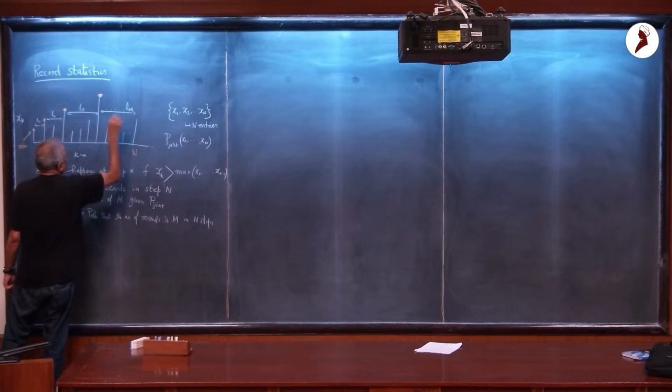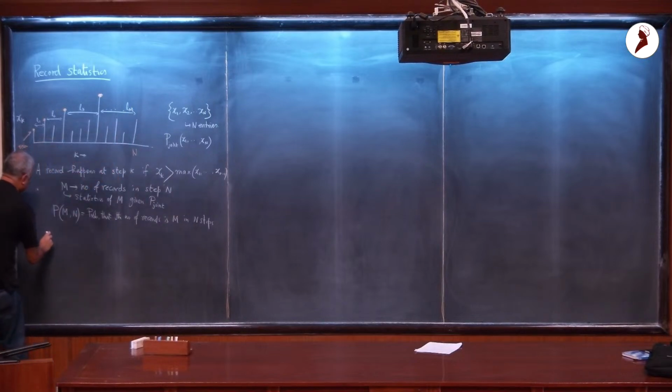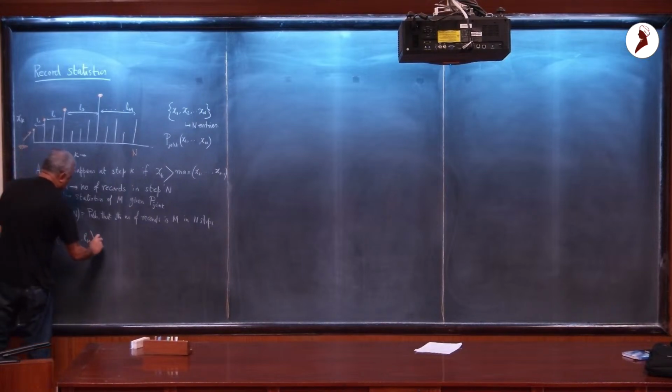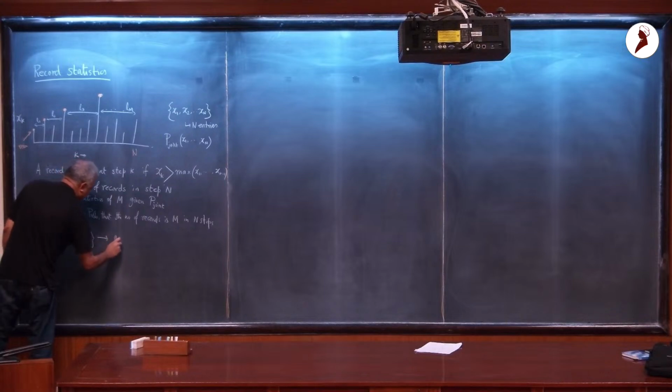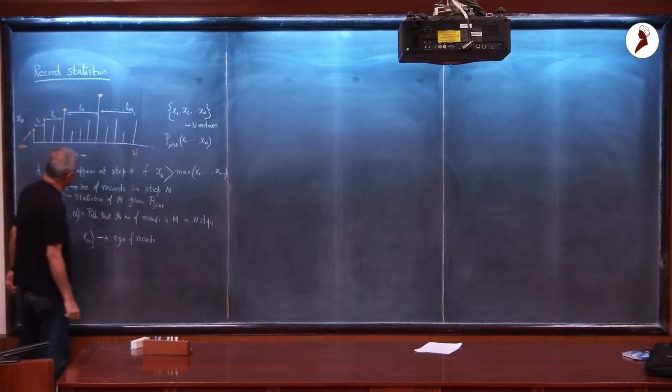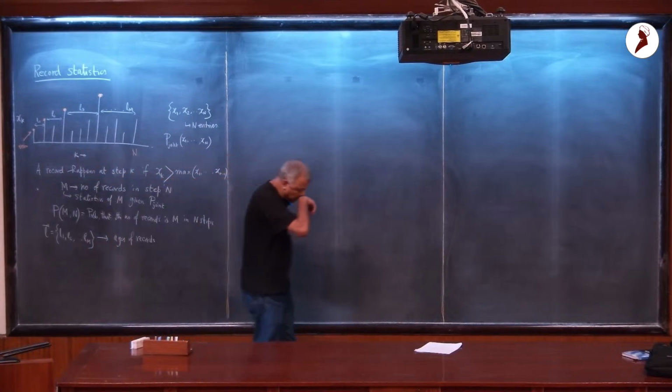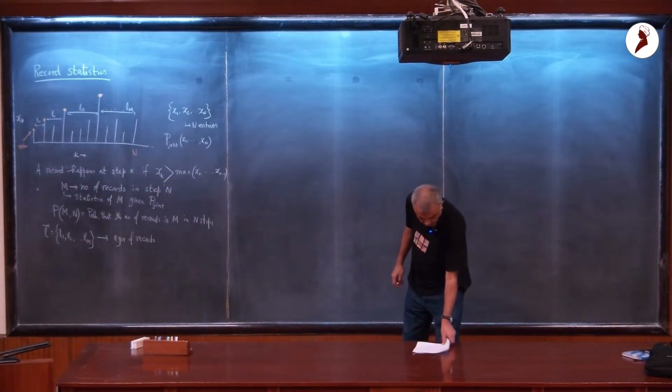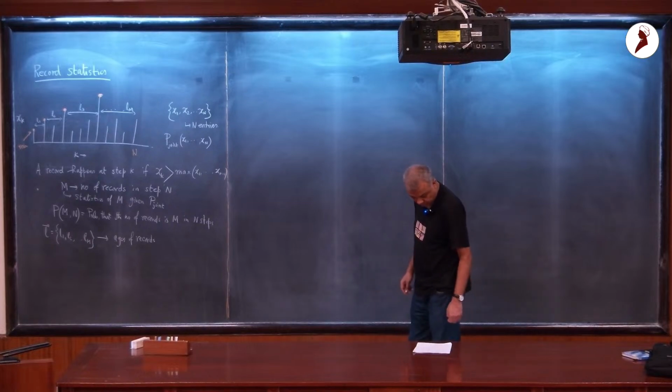So if you have M records, then I have a set of these, which are the ages of records. And you can ask the statistics of ages of records and so on.